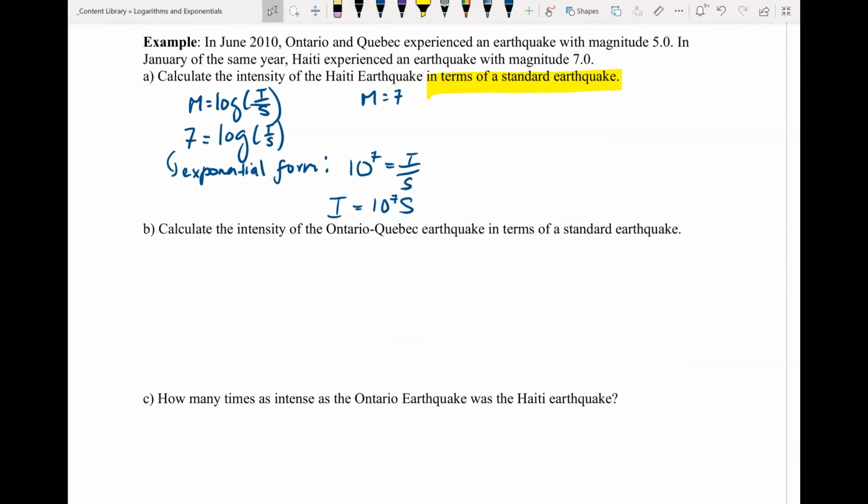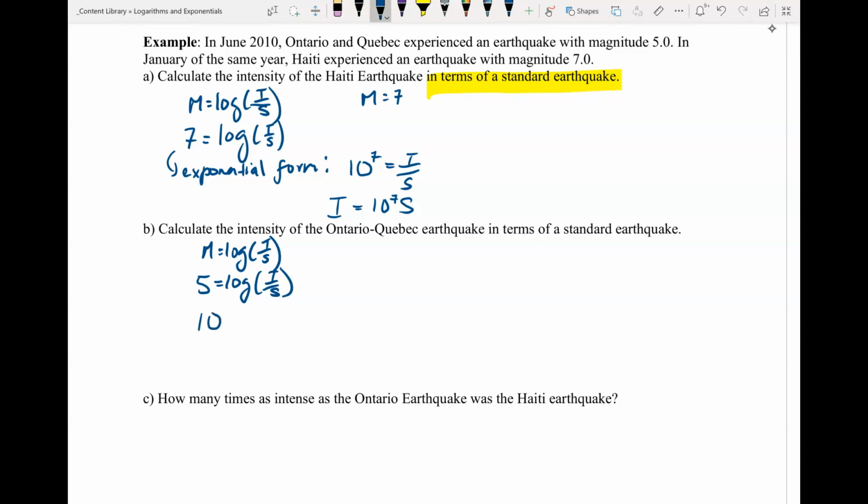Now we're going to calculate the intensity of the Ontario-Quebec earthquake in terms of a standard earthquake. Same sort of thing. I am going to use our formula. And our magnitude for our Ontario-Quebec earthquake is 5. I'm going to change this into exponential form.